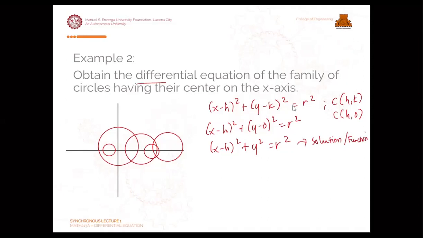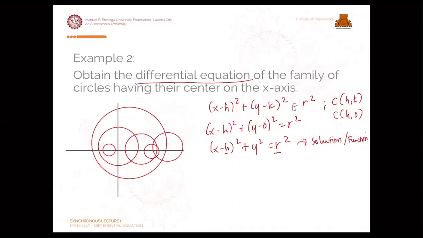Kailangan natin ay differential equation. So, tingnan natin kung ilan yung arbitrary constant natin. So, we have, ibig sabihin, any value. So, yung radius niya, pwedeng super laki niya, no? Basta siya ay nasa x-axis. Ayan. Okay? So, tapos yung position niya sa x. So, ibig sabihin, dalawa yung arbitrary constant natin. So, dalawang derivative. Okay?